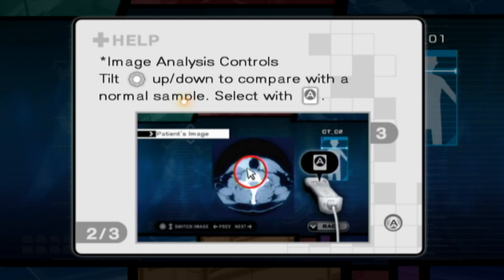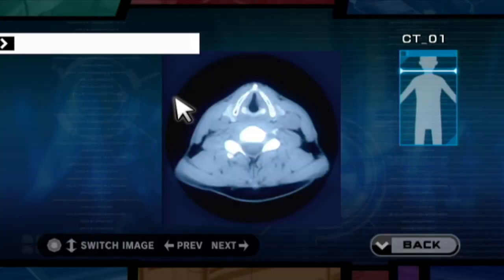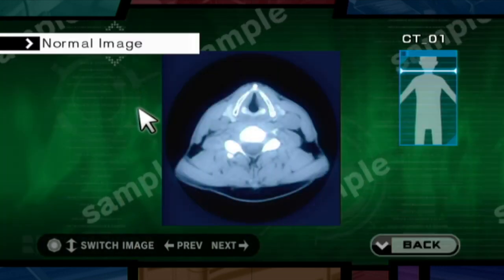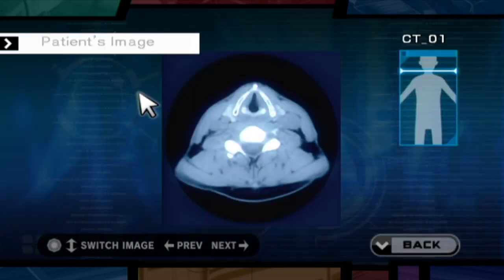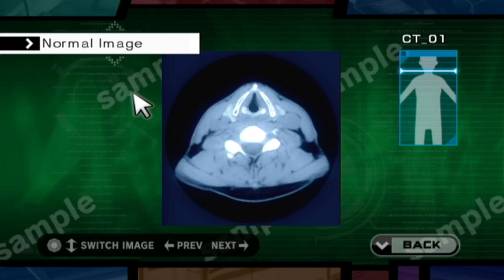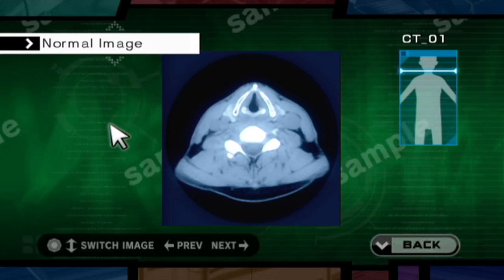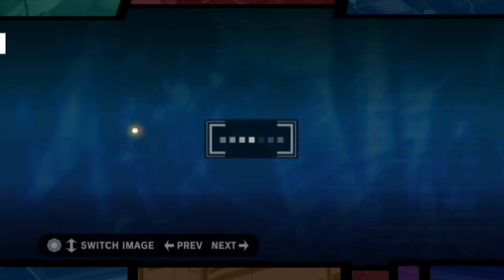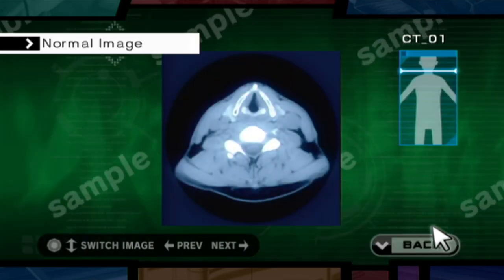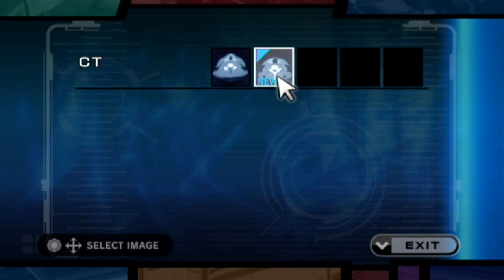We can hit up and down on the stick to change between the different samples. Patient, normal. Looking at it, it looks exactly the same. Let's check the other scan.